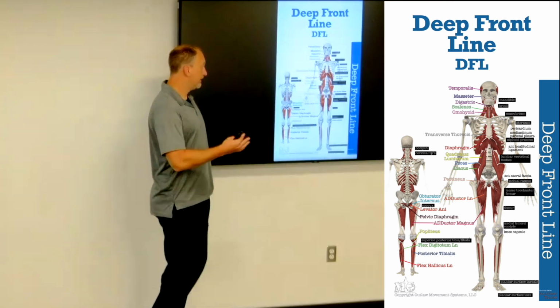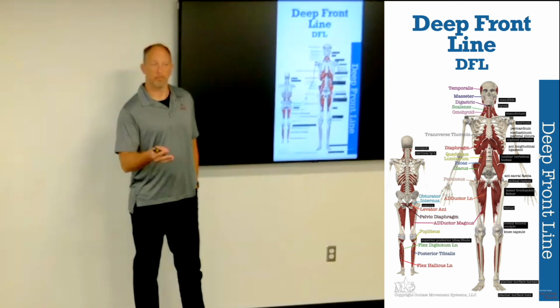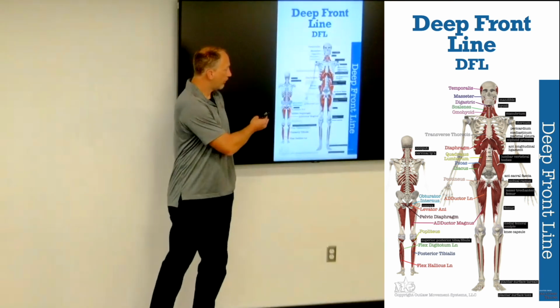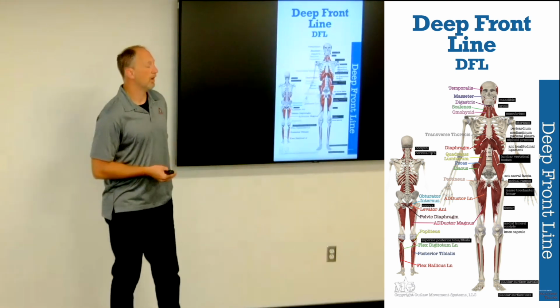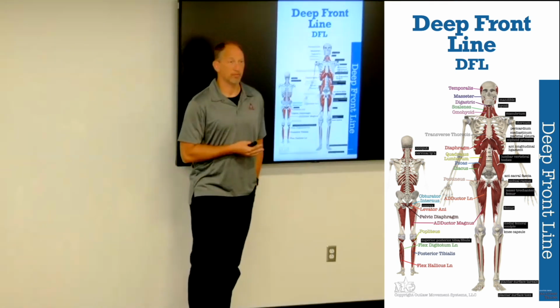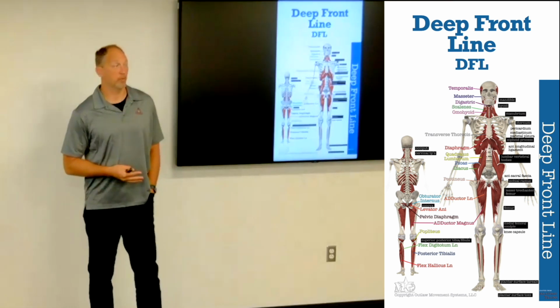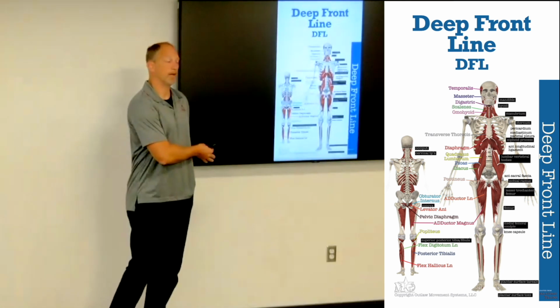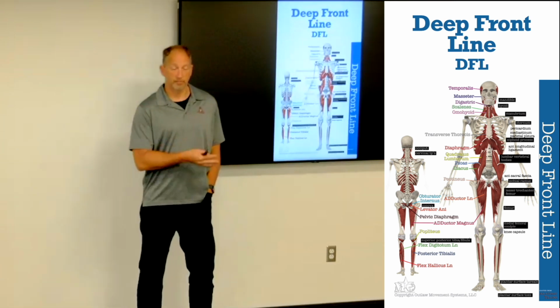Now, as soon as I say that, I've got to take a step back. This line does involve the psoas, it does involve the iliacus, we've talked about those before. This line does involve several of the adductors. We've talked about the adductor longus, and the adductors when we talked about the front functional line and spiral line.